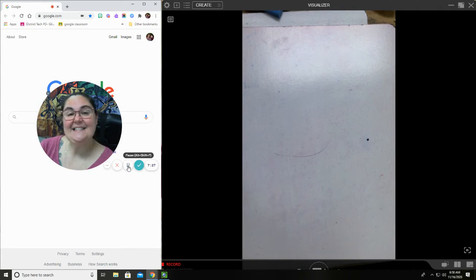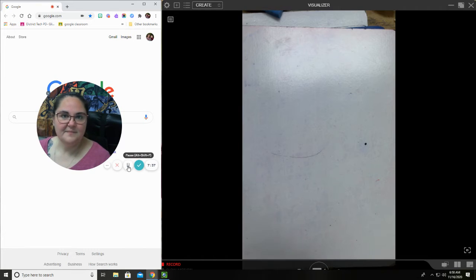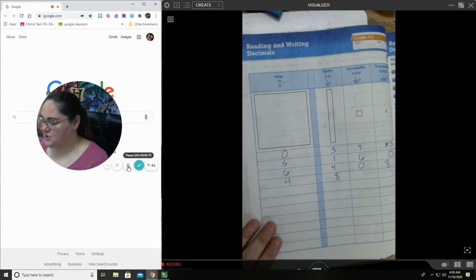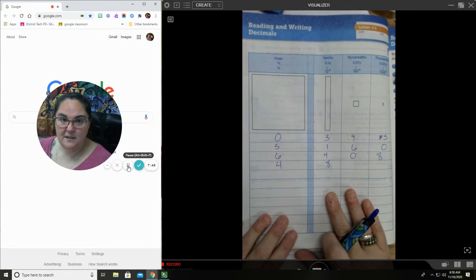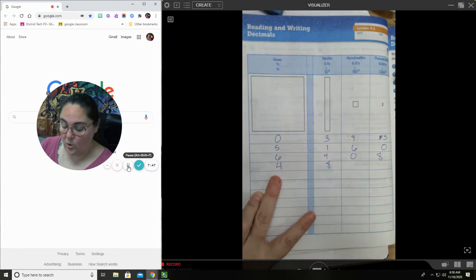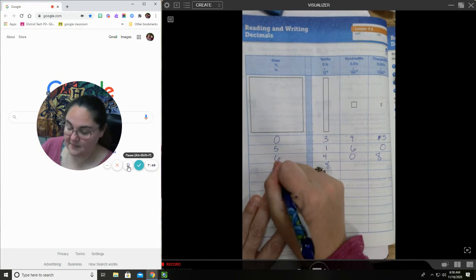Let's do 7 and 90 thousandths. 7 and 90 thousandths. All right, this one is tricky. So the way that we're going to do a question like this, that's where you have to think of my little skill, my strategy I taught you. My 7 is a whole, so that goes here.